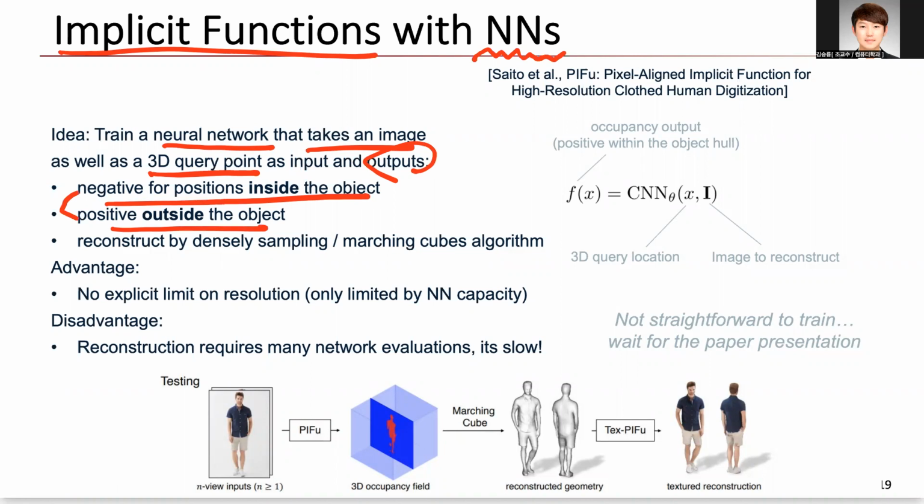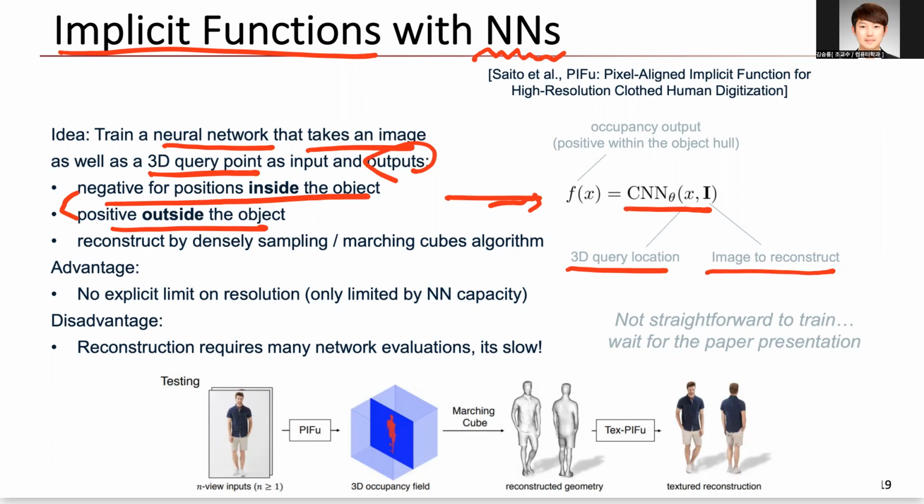Then by using this neural network, we can reconstruct by densely sampling and the Marching Cubes algorithm. We can formulate this mapping function as f of x. F of x is the occupancy output, positive within the object hole, and in general it is going to be a CNN with parameter theta, where x means a 3D coordinate point, for example x, y, z, and I means the image to reconstruct.